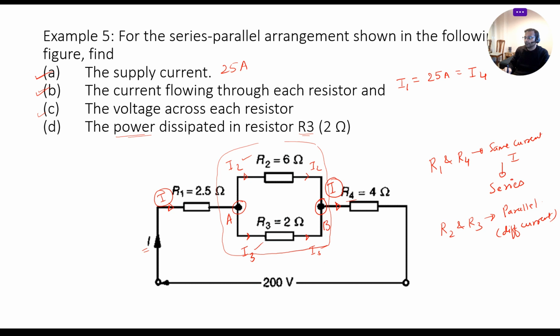So the current flowing through R1 is 25, and the same current will flow through R4 also. But we also need to calculate I2 and I3, that is the current flowing through R2 and R3. So let's see how we can calculate that.